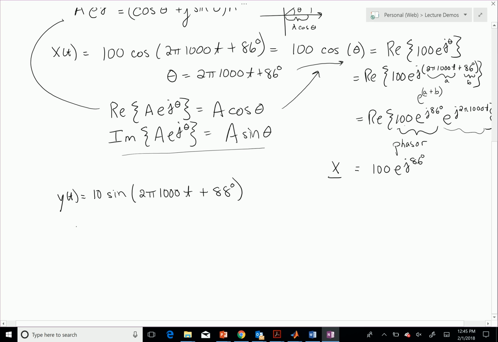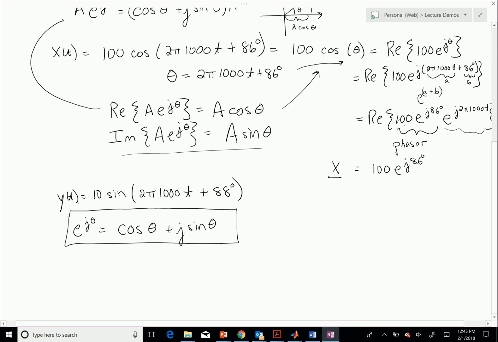So here's the way I look at this. e to the j theta is cosine theta plus j sine theta. That you should remember. That's a key relationship that you should remember.